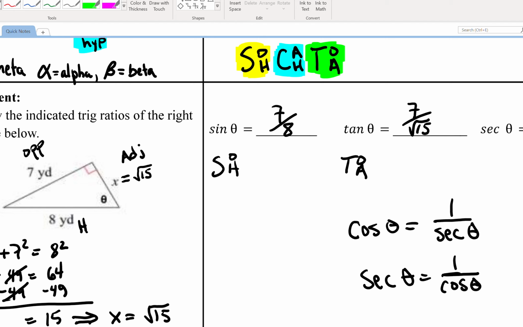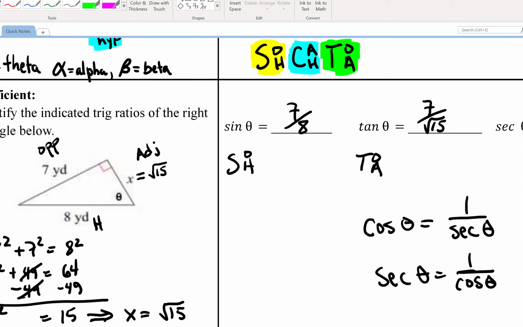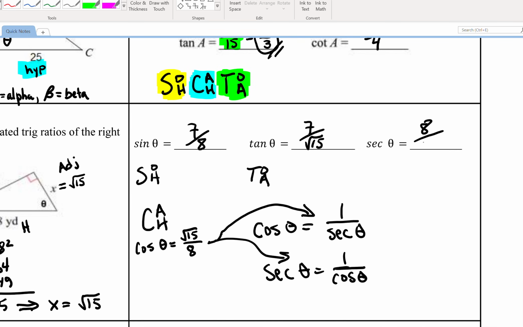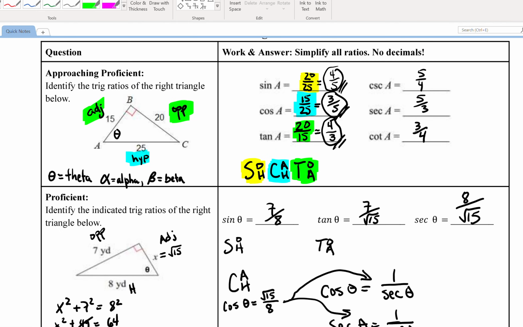And so if I know that the cosine is, that's CAH, the cosine is A over H, since the cosine of theta is square root of 15 over the hypotenuse 8. That means that the secant is swapped. So it's 8 over root 15. Sorry, that's messy, 8 over root 15. And that's how you do it.